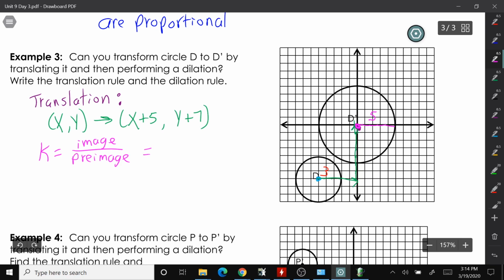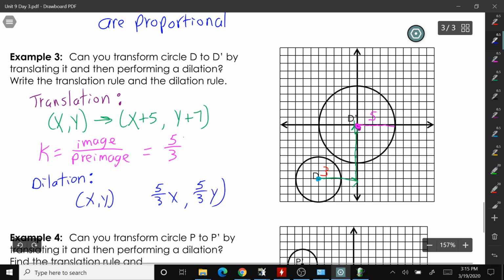In this case, that's 5 over 3, because the radius of D prime, our image, is 5, and the radius of D is 3. So our dilation rule is x comma y goes to 5 over 3 times x and 5 over 3 times y. Those are the rules that would map D to D prime.